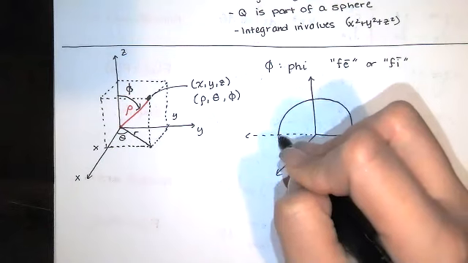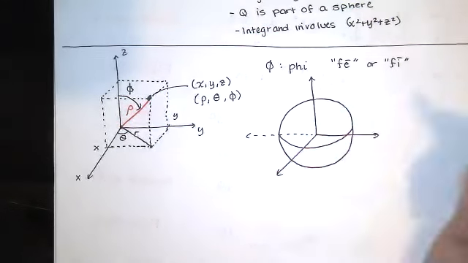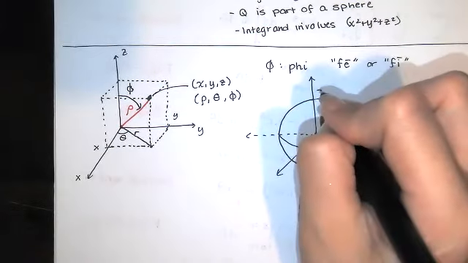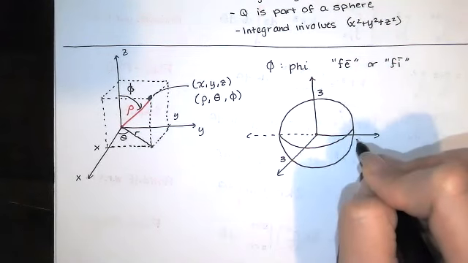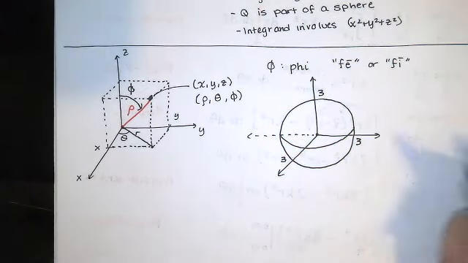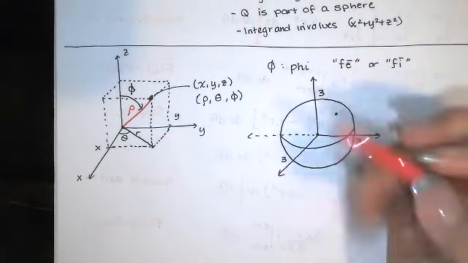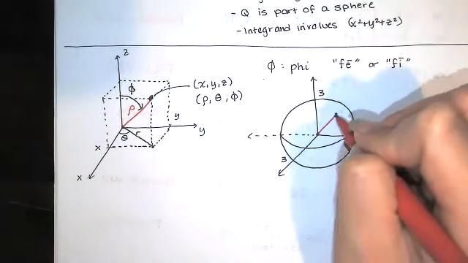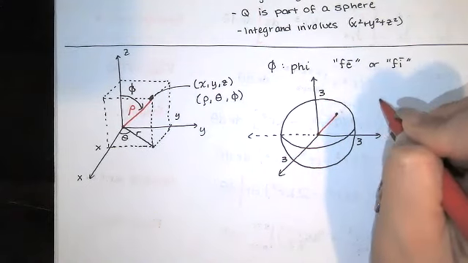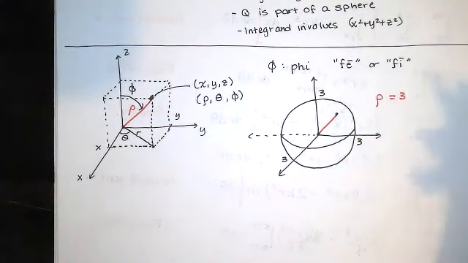So let's say we're on a sphere, and it's centered at the origin, and maybe that sphere has a radius of 3, just for example. Well, if we're at some point on the sphere, the distance from the origin out to here, that's rho. Rho is going to be 3.